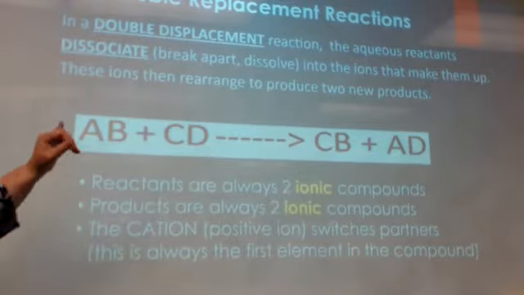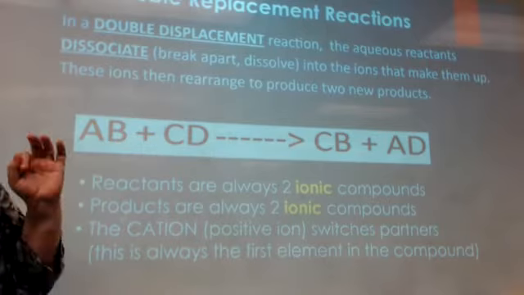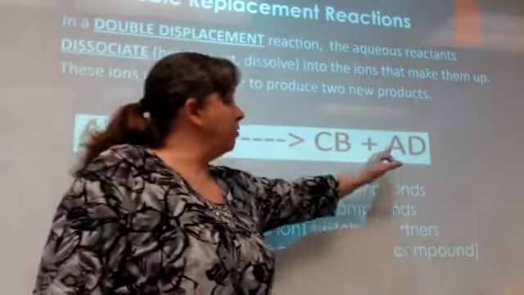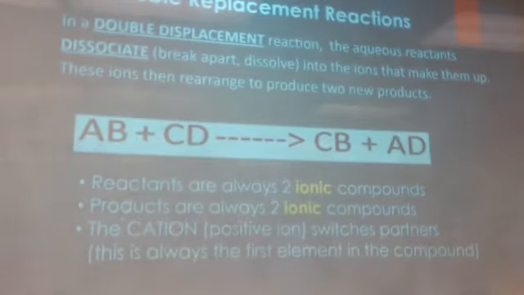So remember that a double replacement reaction always has 2 compounds to start and 2 compounds as products. In every double replacement reaction, also known as double displacement, we will be working with ionic compounds. So no need to look at your little flow chart because everything will be ionic.